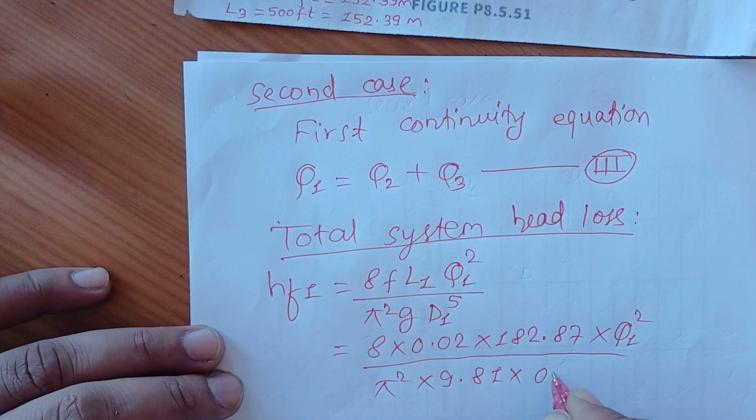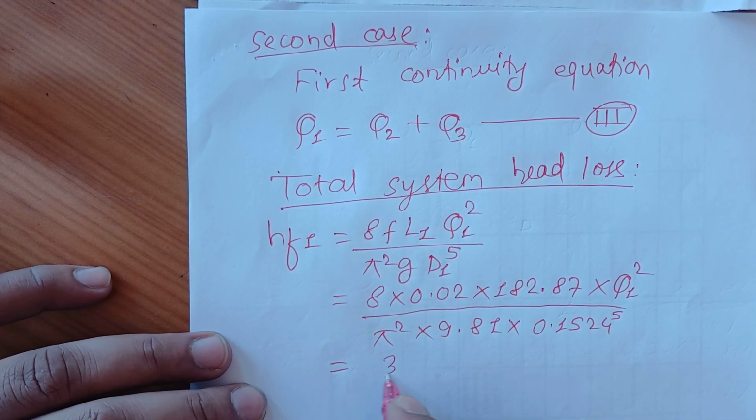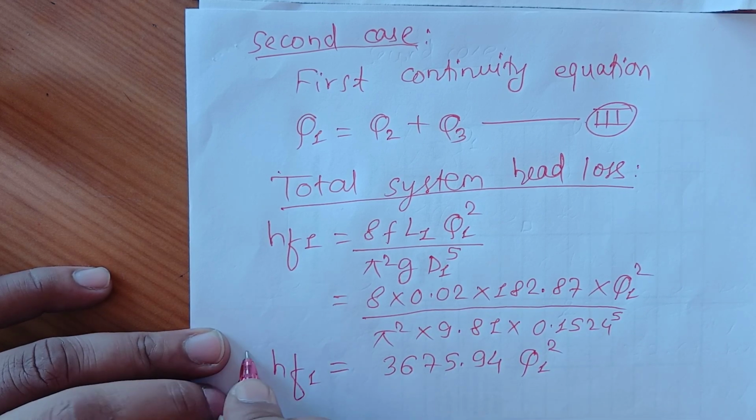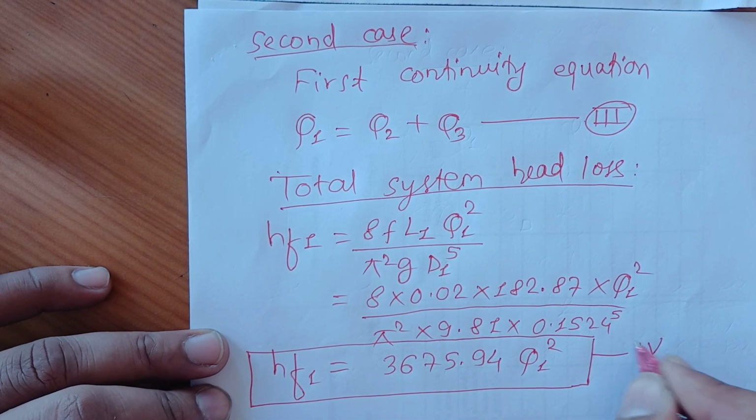D1 is 0.1524 whole power 5. So it is how much? HF1 is 3675.94 Q1 square. Finally we have calculated this HF1 in terms of Q1. I term this as equation number 4.